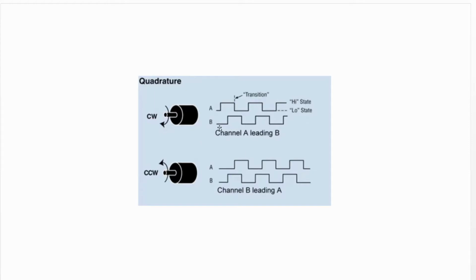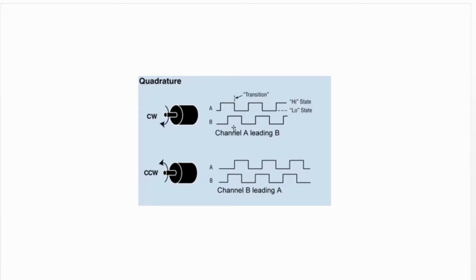Based on essentially 16 different states that these signals can be in, you can figure out the position, or you can increment a position, meaning that you can step once in one direction or once in the other direction. To step in the other direction, you can look at which signal went high first, and that'll actually tell you which direction the encoder is turning.